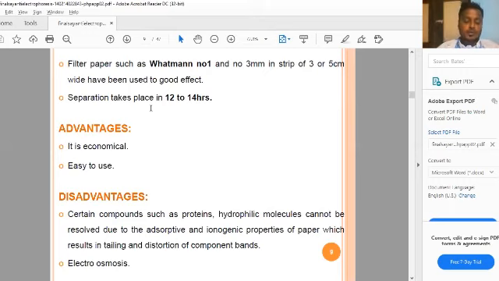The advantages of paper electrophoresis are that it is economical and easy to use.